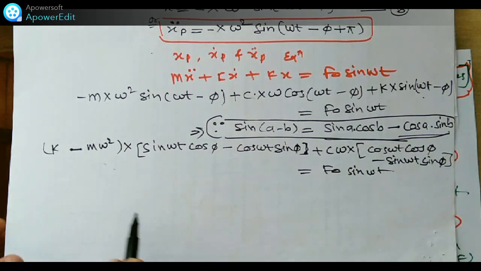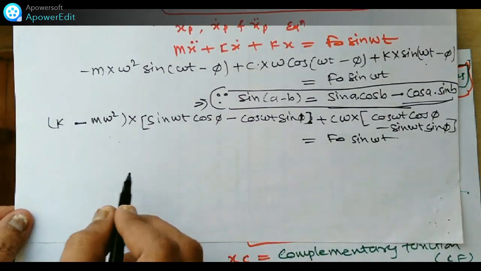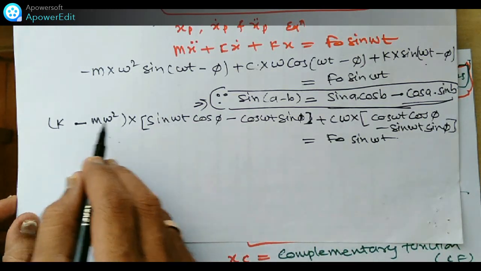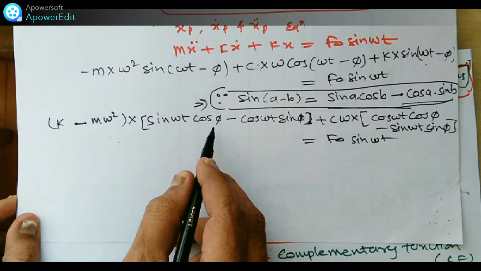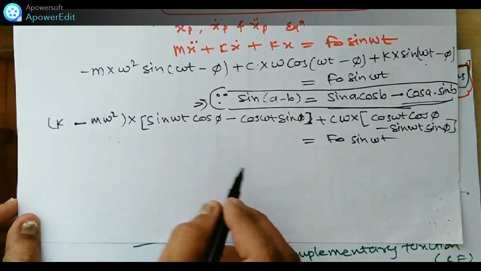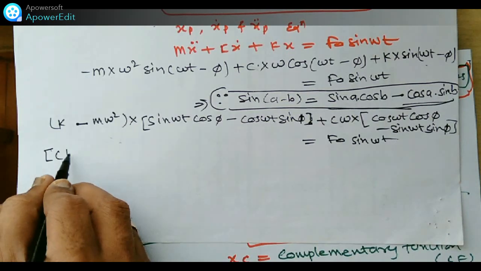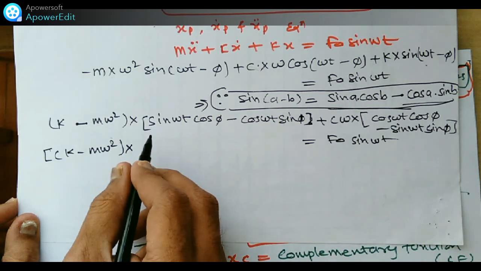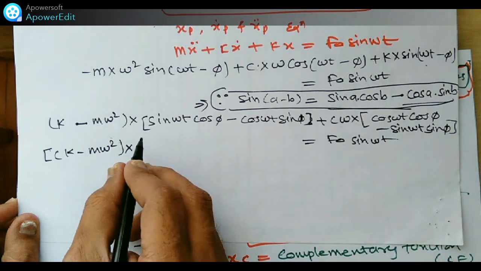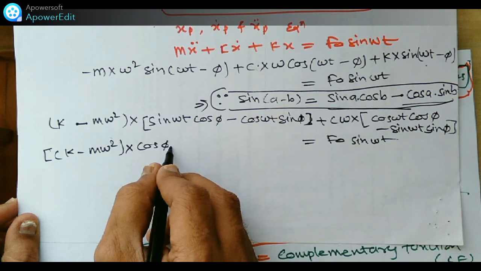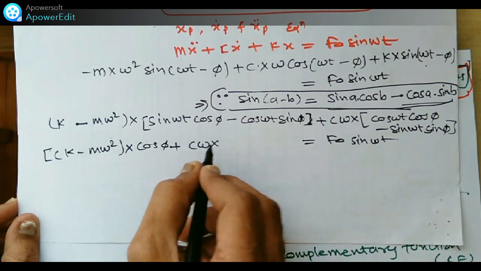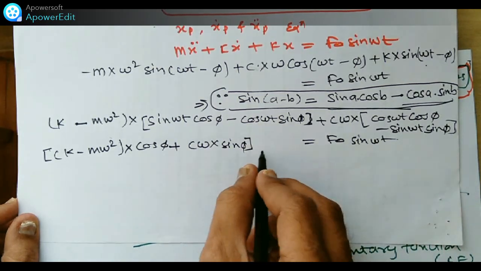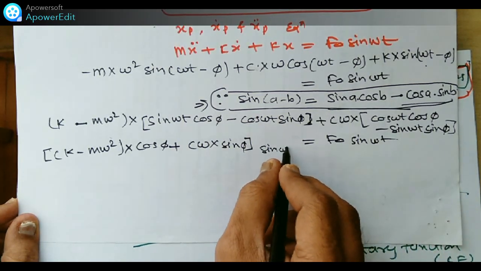Next step, multiplying with the bracket, and again we take the common terms. I will write the step: k minus m omega square into x cos phi plus c omega x sin phi, and the common term here is sin omega t.